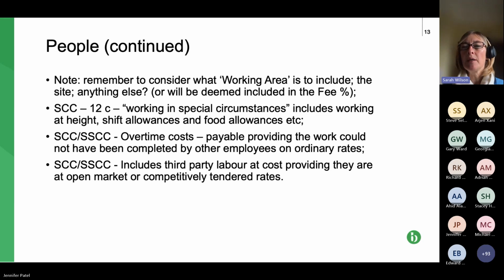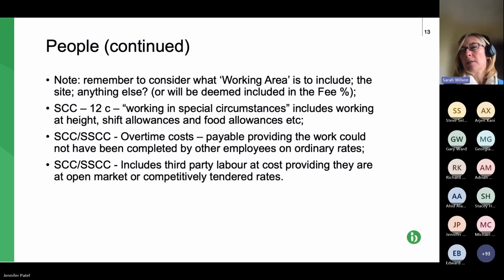So you can only claim the overtime providing the work couldn't have been completed by other employees on ordinary rates. So you're looking at were there employees of the correct discipline, people who could have done the job, with nothing to do on a particular day, but overtime was paid to other people to do the work. If that was the case, then that will be disallowed. You won't be able to claim it.